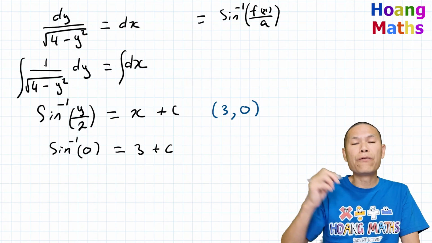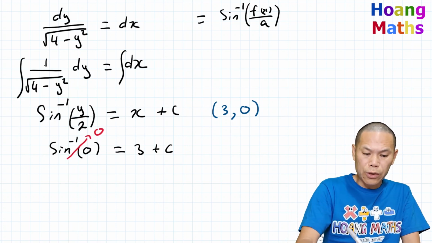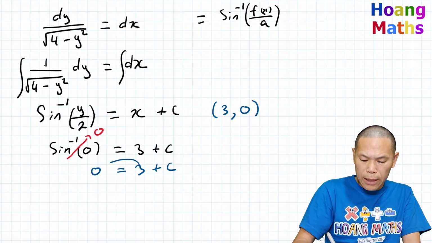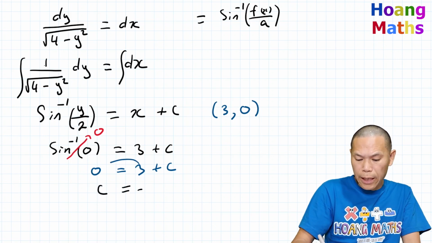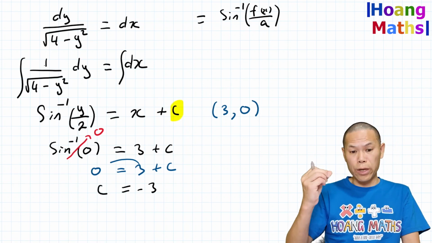Don't forget, inverse sine 0 is 0. So therefore, 0 is 3 plus c. I move this to that side, so this means that c is negative 3.